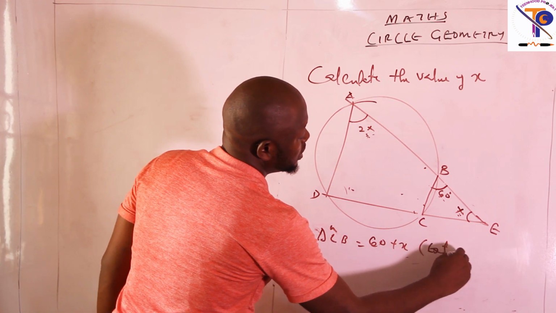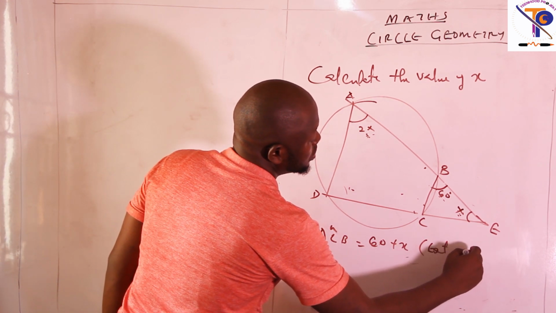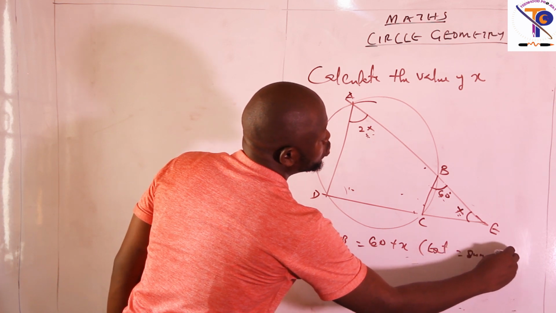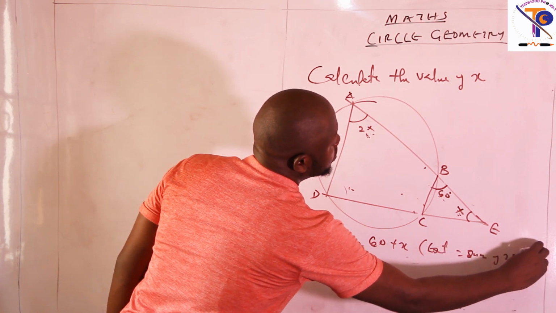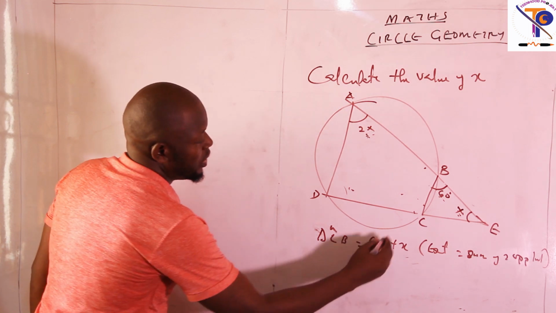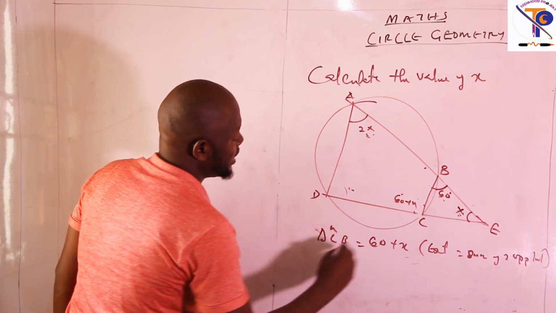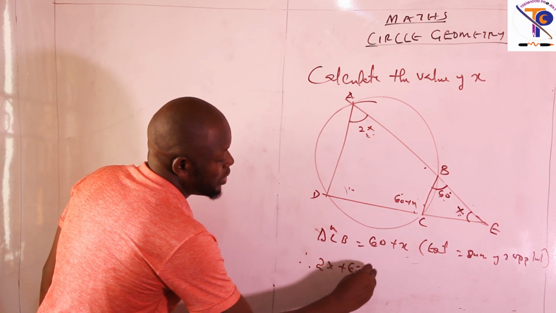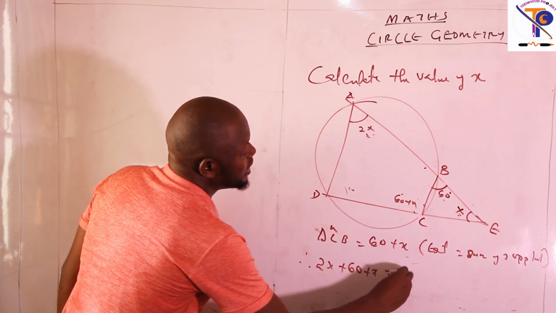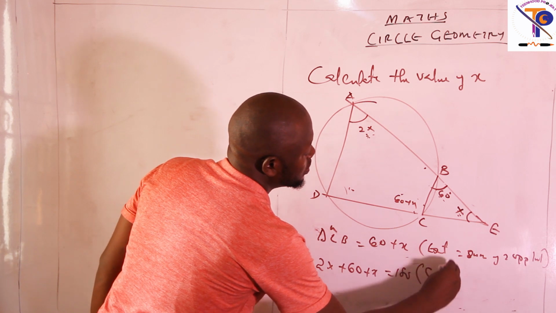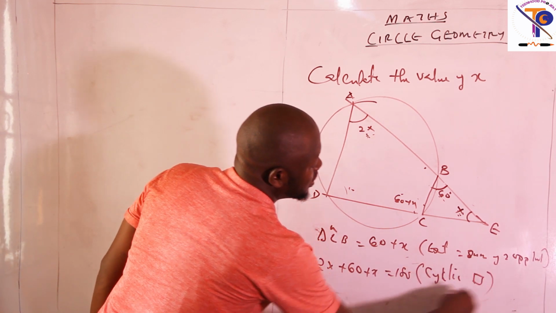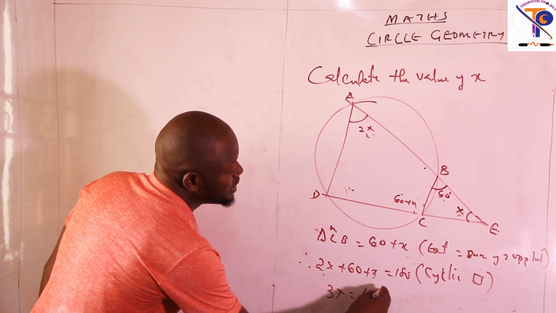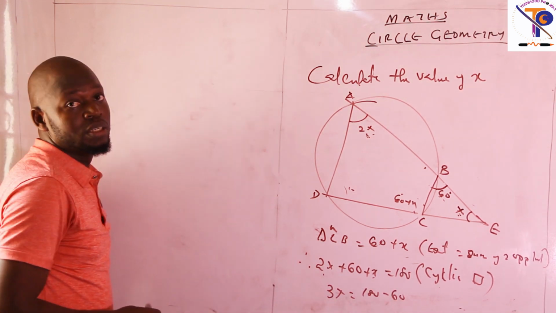Exterior angle is equal to sum of two opposite interior angles. Once we have 60 plus x here, therefore 2x plus 60 plus x will be equal to 180, cyclic quadrilateral. So I will have 3x is equal to 180 minus 60.